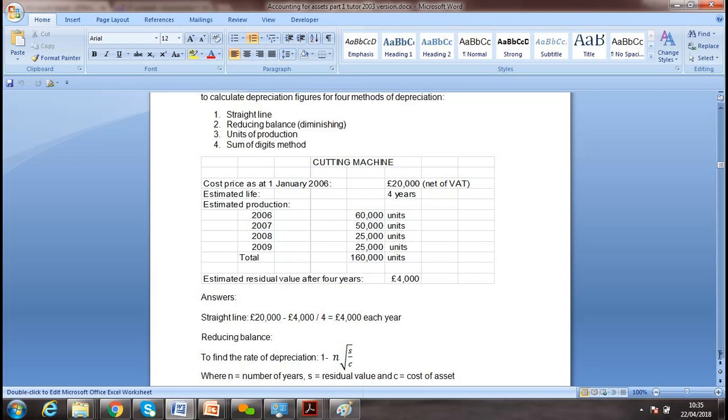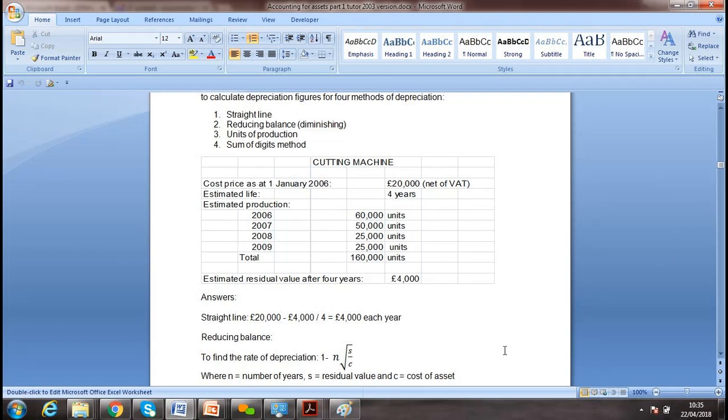Okay. Next, we look at the reducing balance method, or we call it diminishing balance. The diminishing balance method means the depreciation is normally charged every year on the carrying book value. In case we don't have the percentage, how much percent we need to depreciate our asset, we can use one formula.